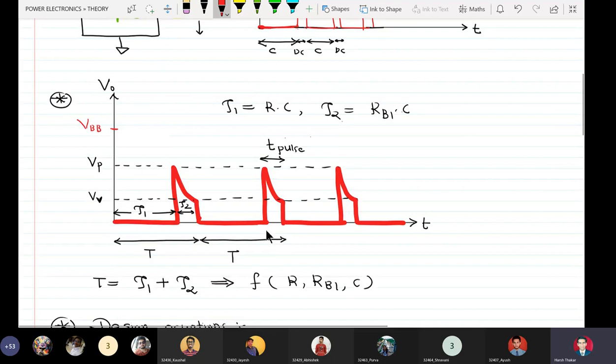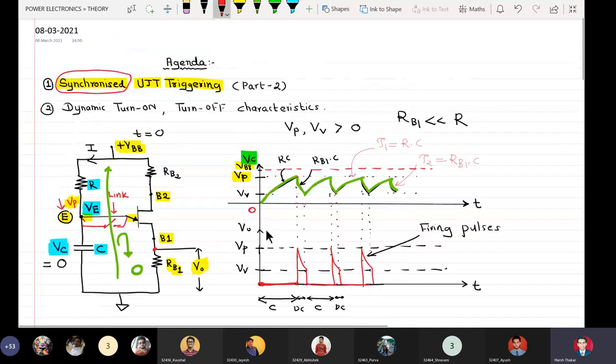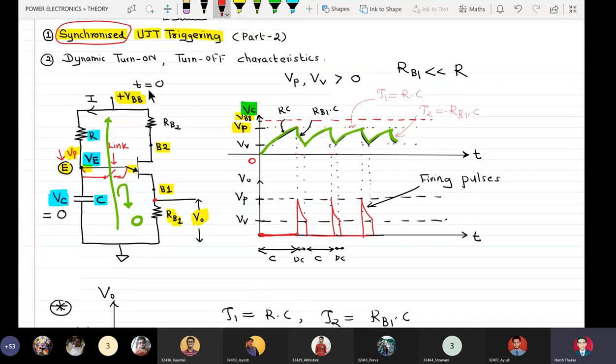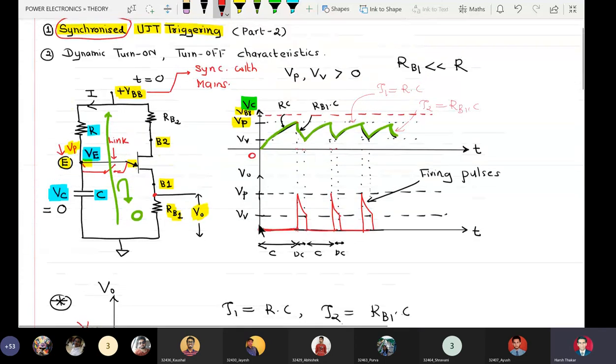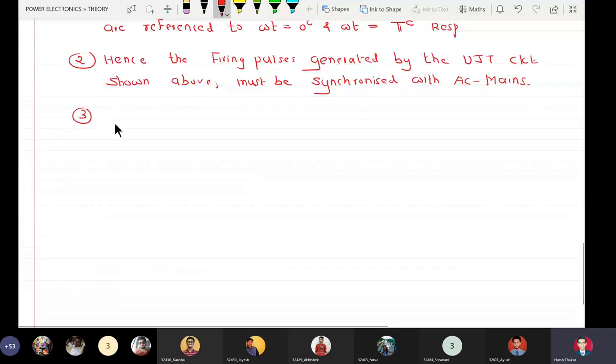So the trick to synchronizing is that if we can synchronize this VBB supply with mains, then our purpose is fulfilled. Okay, so the trick is that VBB should be synchronized with mains.